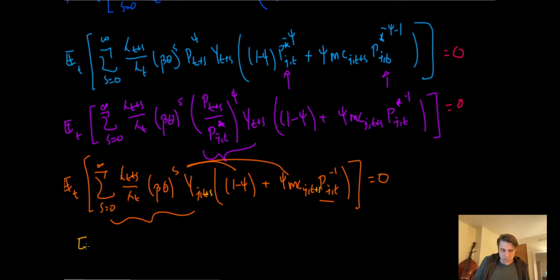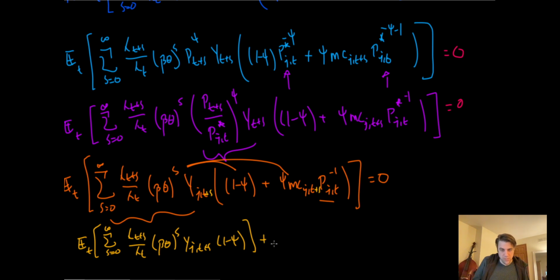So what we'll get is the expectation at time t, the infinite sum from s equals 0 to infinity, lambda t plus s over lambda t, beta theta s, yjt plus s, 1 minus psi. Okay, and then I'm going to split it, and I'm going to move out. So I have to multiply all this stuff again. So everything that's being multiplied, I have to multiply it again over here, and I can just write it again.